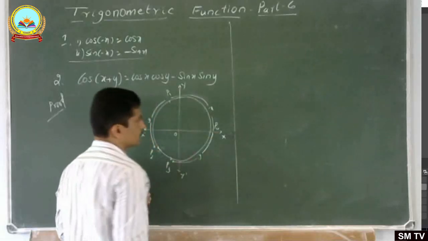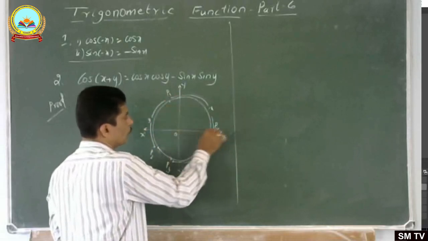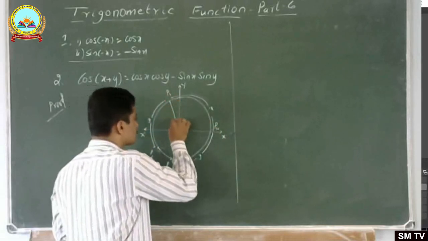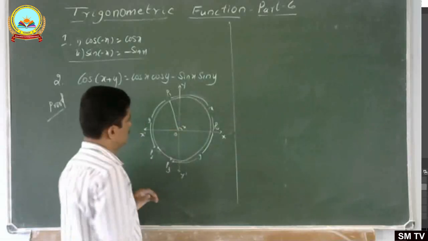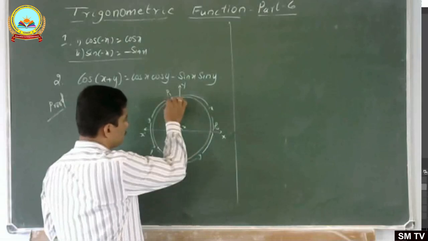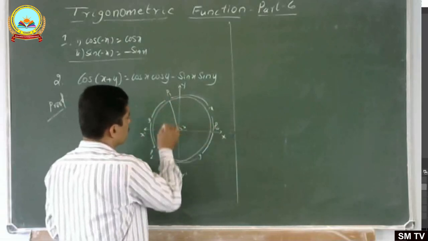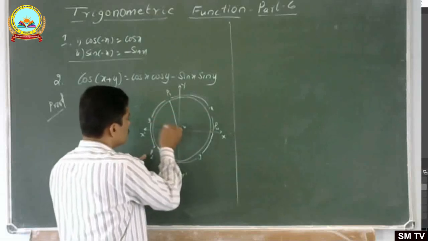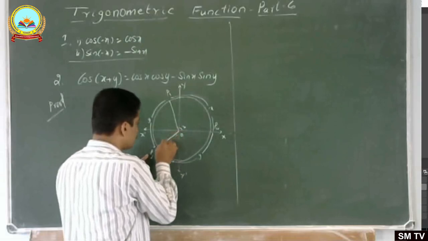Therefore, the angle P1OP4 is equal to x radian. P1P2 is equal to y unit means this angle is equal to y.